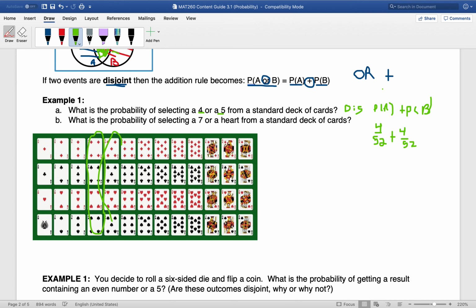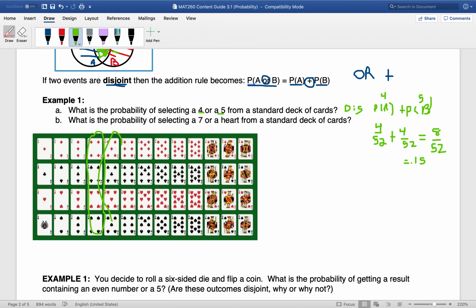So our probability of 4 plus the probability of 5 is going to end up being 8 over 52. And if you want to change that to a decimal, you can, to get about 0.15. So that is the probability of getting a 4 or a 5.